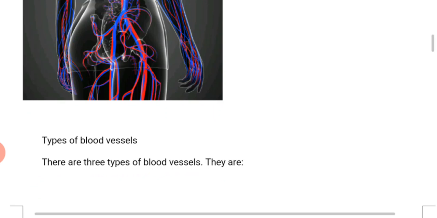If you look at the picture before us here, you can see the picture of a human being, and the blood vessels are shown. That is, the network of the blood vessels is shown on the person's body. Blood vessels are divided into three.